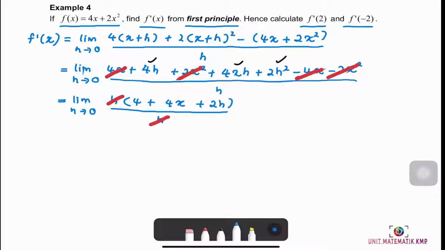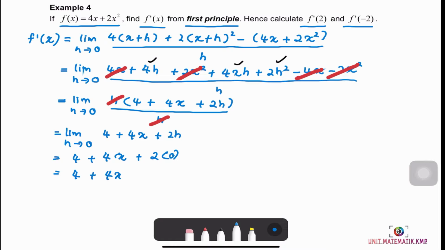We will have the limit of 4 plus 4x plus 2h when h approaches 0. Next step we substitute. We will have 4 plus 4x plus 2 times 0. So therefore our final answer should be 4 plus 4x. Done.